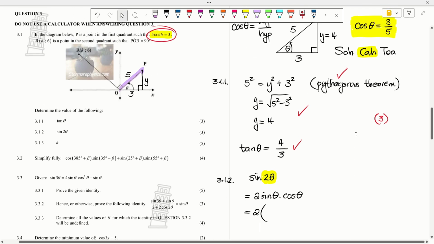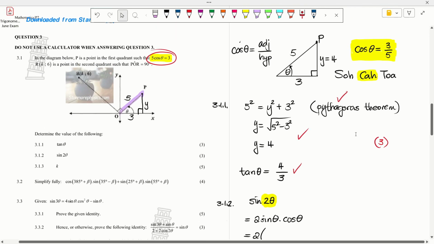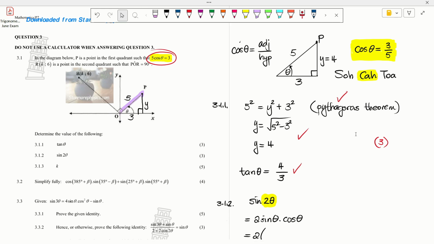Then I say, 2 multiplied by sine theta. Go back to your triangle. Go back to SOHCAHTOA. What is sine? Sine is opposite over hypotenuse. My opposite to theta there is 4, the side initially labeled y, which we found to be 4 by Pythagoras. So I have 4 over the hypotenuse, 5.